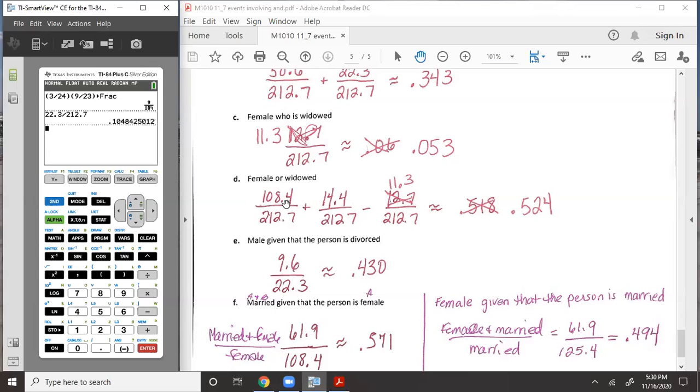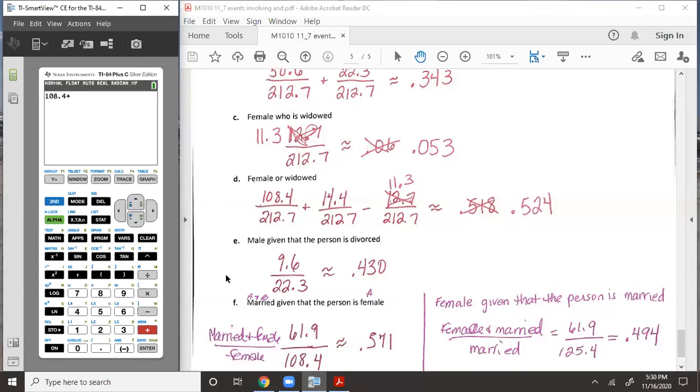Now we can add everything up in the numerator using our calculator. This is the shortcut method to this. Instead of putting parentheses around each of our fractions, we already have a common denominator, so I only need to take care of the numerator and then put it all over 212.7.